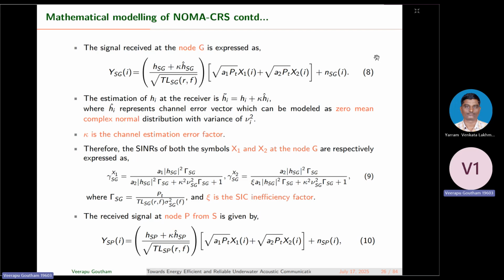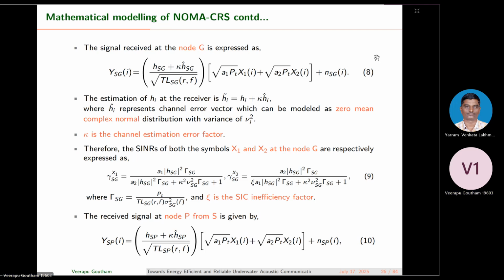When you transmit signals in wireless, say x1, while receiving you will receive a signal y of t, which is nothing but h into x of t plus noise. Here h is the channel coefficient, x is the symbol, plus some noise.